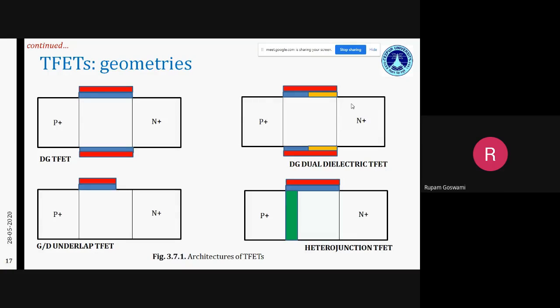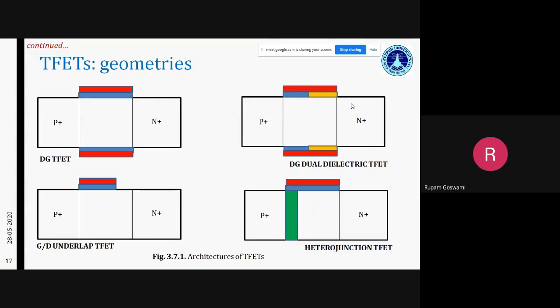For example, say you are using your device in a complementary MOS architecture or configuration. So you have the P-type TFET and the N-type TFET. Now when you are putting a negative voltage to your TFET in the CMOS configuration, the N-type TFET is expected to remain switched off.